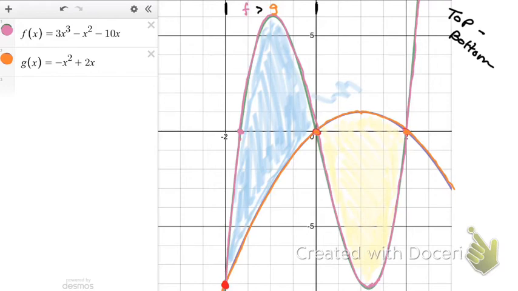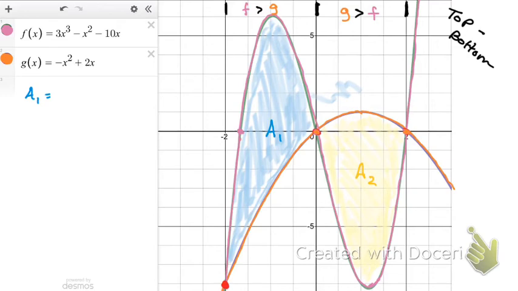Same idea, but backwards from 0 to 2, there, g is bigger than f. So I've actually got 2 separate integrals here that's going to give me the total combined area when I add them together. So I've got 2 areas, A1 and A2. Let's find A1. That's the place where f is bigger than g.